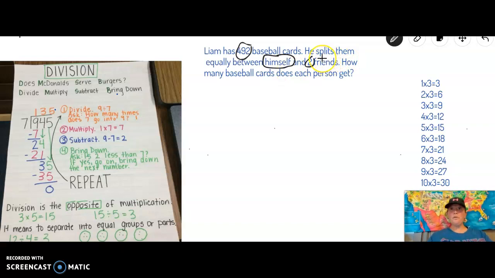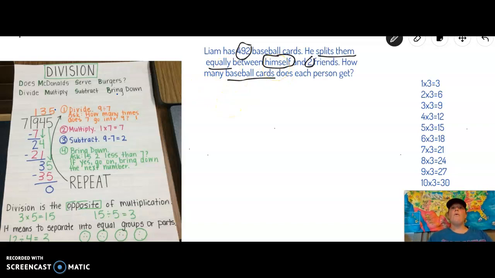Okay, we know we're going to underline our units, baseball cards, and we know he splits them equally. This means that there's going to be no remainder, and that he's dividing them between people. So we know we're going to divide, okay?